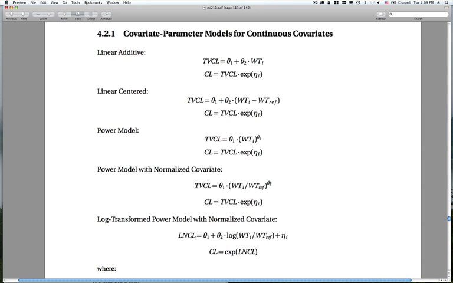You don't have to worry about this parameter being estimated to a negative term because the entire clearance would be constrained to be positive as long as theta1 has a lower bound of 0. So that's a very nice model. It allows for linear and slightly nonlinear relationships. It constrains the parameter to be positive, and it makes interpretation easy.